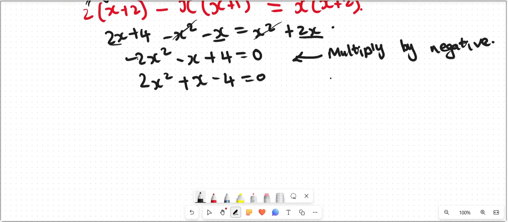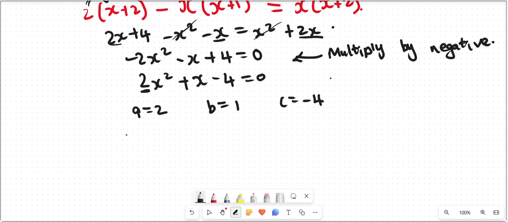This guy, I think I can factorize. Just take the 2, times it across. No, I don't think you can factorize that. So I would just use my quadratic formula. 2 is equal to a, b is equal to 1, c is equal to negative 4.